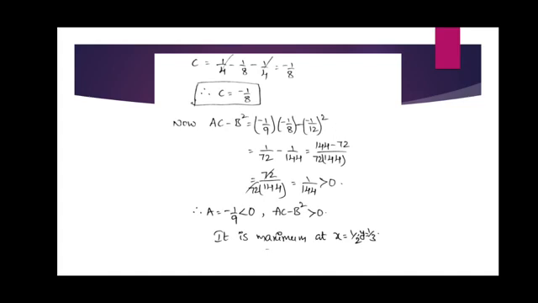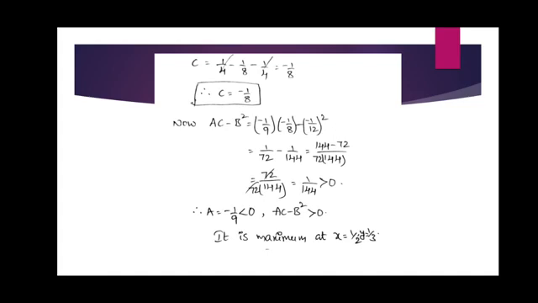So here 1/72 minus 1/144. Taking the LCM, that will be 72 into 144, so 2 - 1. Here 144 - 72 will be 72, 72 gets cancelled. So finally we got 1/144.